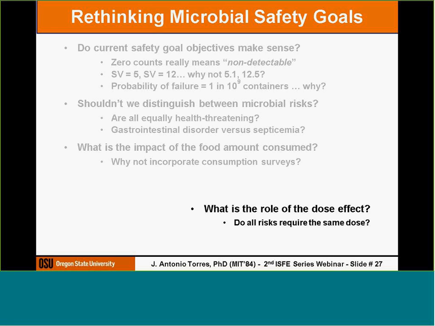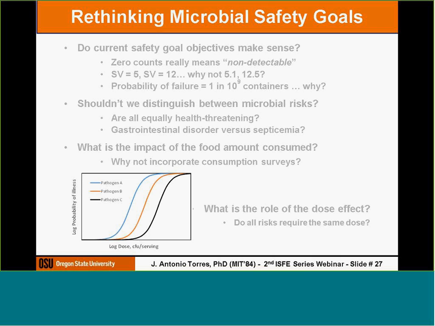In an event of food poisoning outbreak, every time there's an outbreak of a given bacteria, the first thing the agents involved will do is try to obtain an estimate of the amount consumed. They ask what did you eat, and they have an idea of how much was consumed, and also the number of persons present.